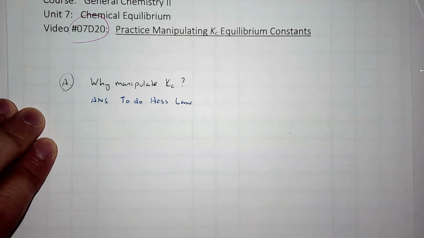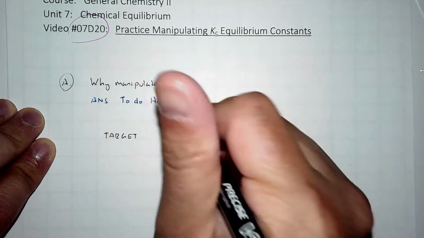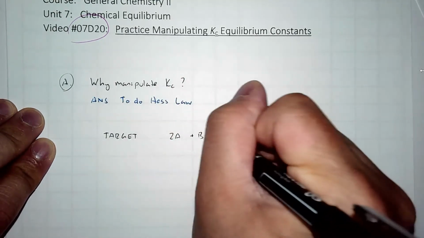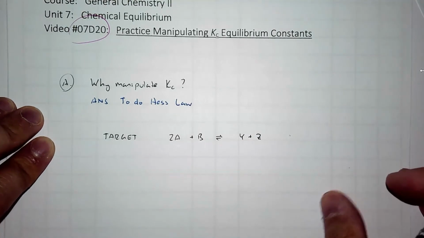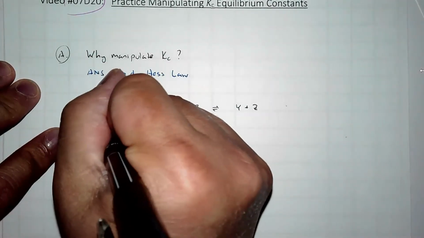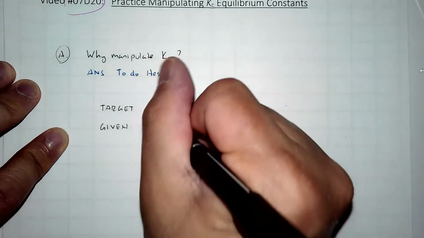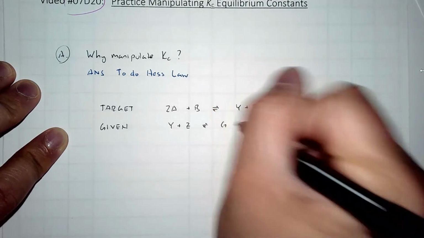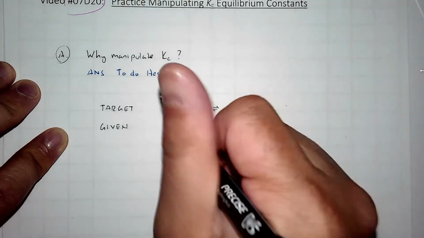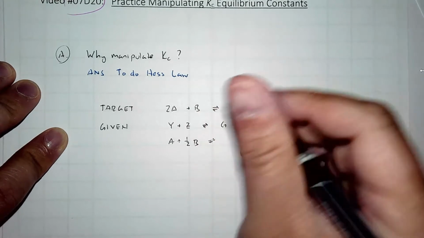For instance, if my target is this reaction, 2A plus B in equilibrium with Y plus Z, and I'm given a couple of reactions such as Y plus Z goes to G, and A plus 1/2 B goes to 1/2 G.